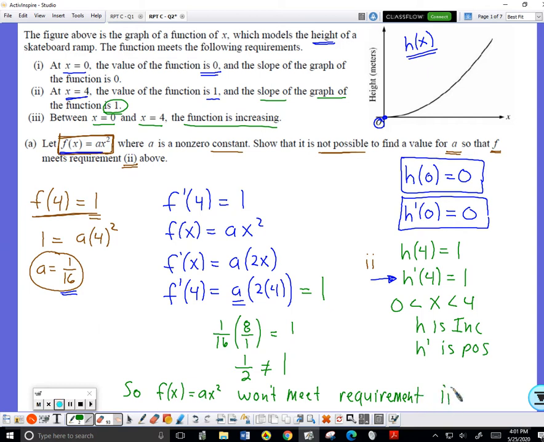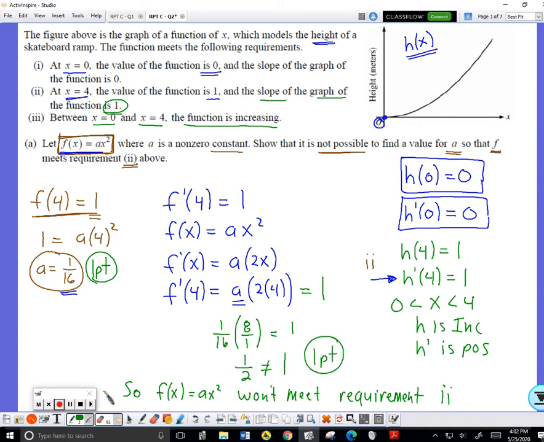Here's how they gave points. 1 point for figuring out that A has to equal 1/16. And then the second point was for showing this right here.